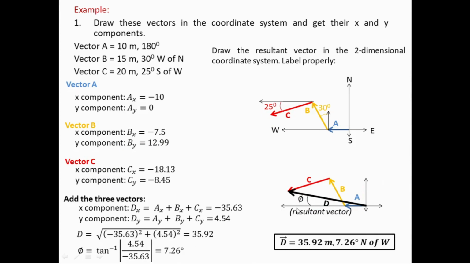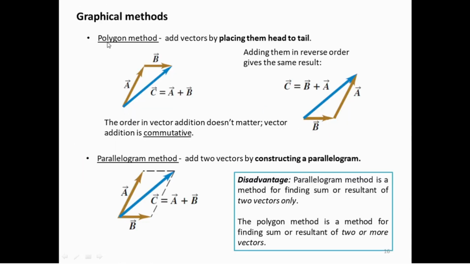However, if you use this method here, although you can also get almost exactly the correct answer, it is prone to errors because sometimes you will read your rulers differently, as well as there are errors in the printing of our rulers and protractor. So this is prone to errors. Anyway, I have to introduce you to this method.